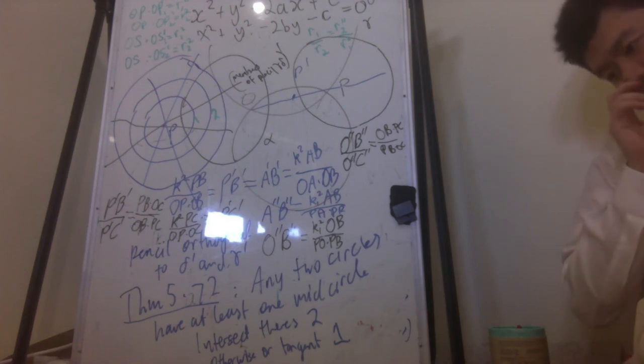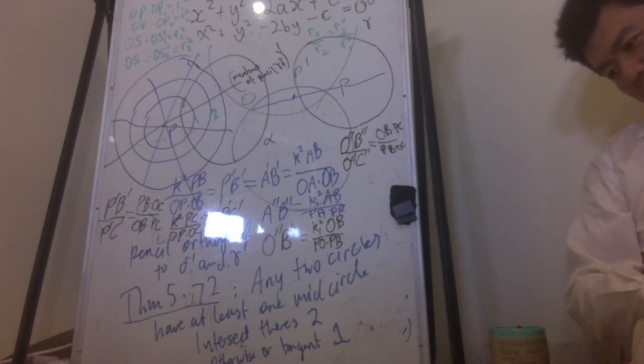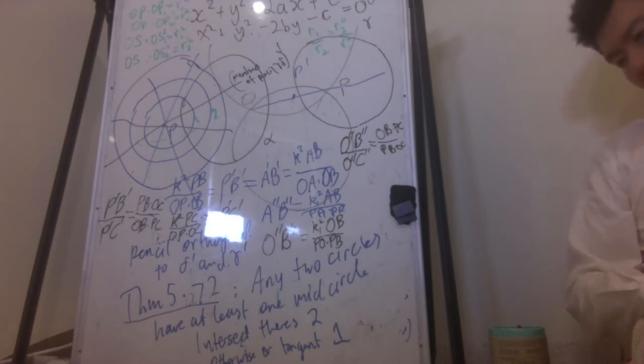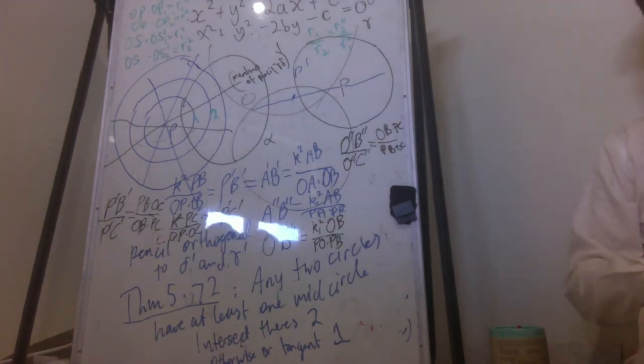Okay, it actually tells you, for any two circles orthogonal to both alpha and omega, invert into themselves. No, this is defining the circle of omega. So for any two circles orthogonal to both alpha and omega, yeah? Oh, okay, so there's a symmetry between alpha and omega then. So if something's orthogonal to alpha, then if you invert it about alpha, it'll invert to itself, yeah?